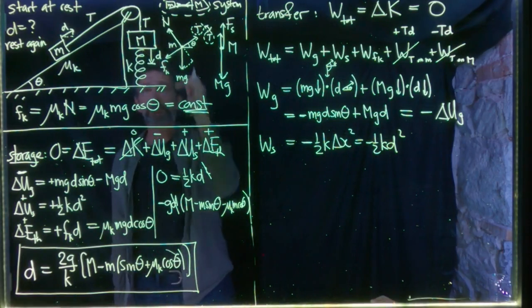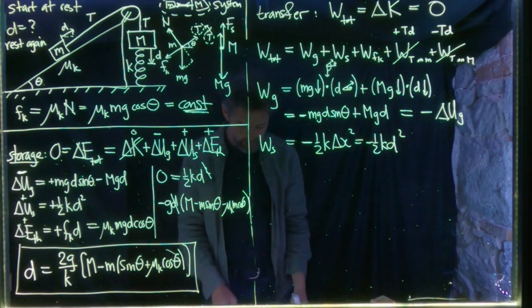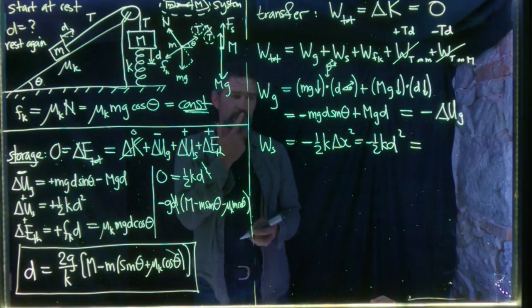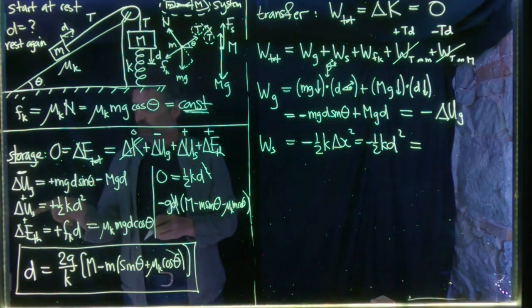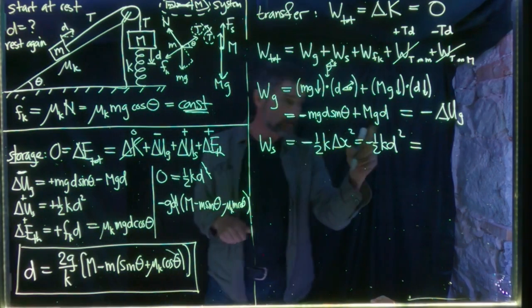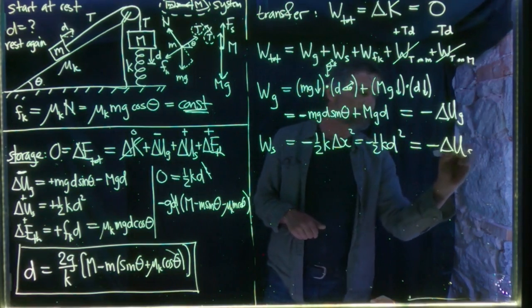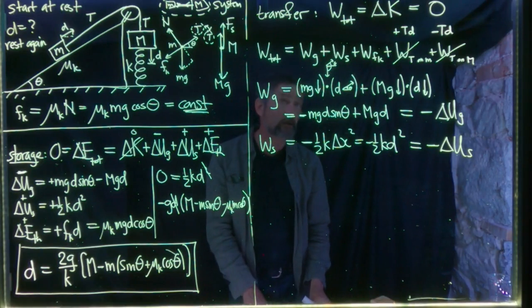Well, the initial x is 0 because the spring is initially in its equilibrium position. Okay, so we have that. And then again, we look and we see, where have I seen that before? Well, I've seen it over here. The change in the energy stored in the spring is positive 1/2 kd squared. Here's a negative 1/2 kd squared. So this is negative the change in energy stored in the spring, which is what I just said a minute ago. Okay, so we have that.